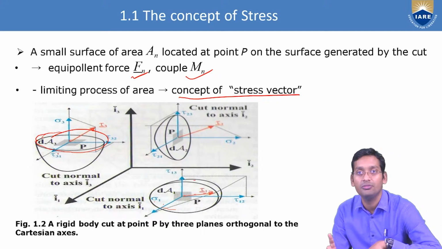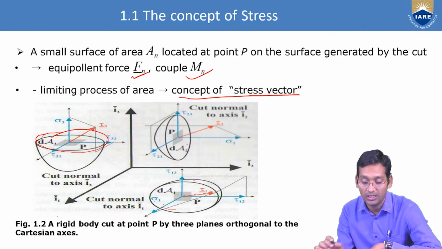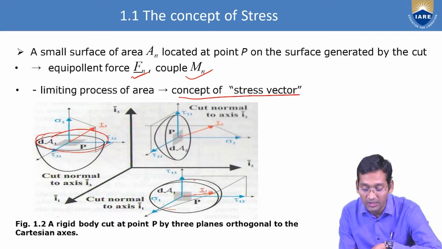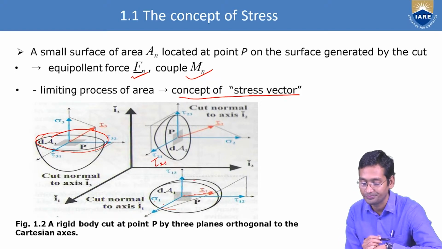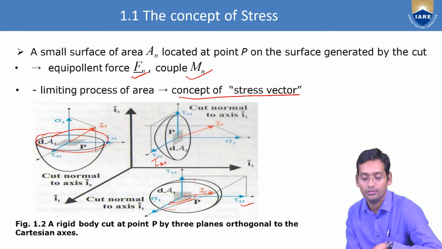Now once we introduce this tau, that stress vector, then we have to consider in which plane it is. So this is the first plane. Just here sigma 2 is acting in this direction, so opposite to that plane tau 21 will act. Now here sigma 1 is in this direction, so this is aligned with this one. So 1 and 2, tau 12 will be acting in this direction.